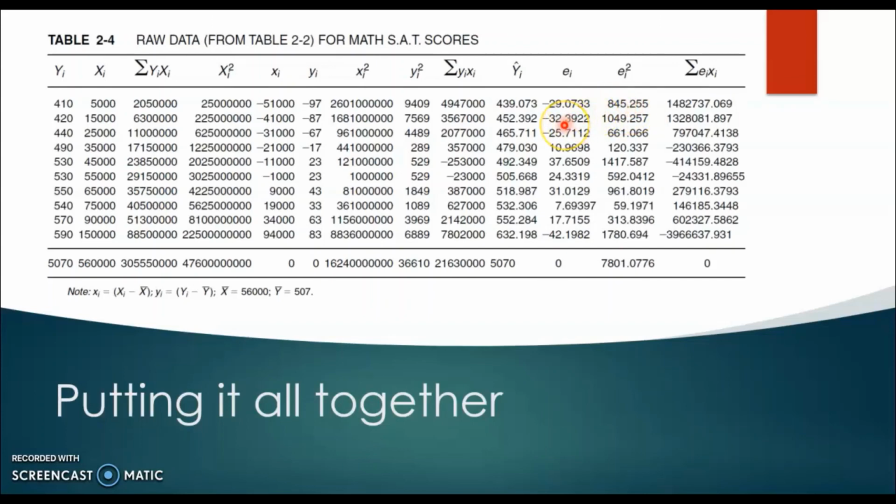We repeat the same process for the second observation. Here we have negative 32.3922 squared equals 1049.257. And we repeat the same process again until the last observation. Here we have the squared residual equals 1780.694. So the sum of squared residual equals 7801.0776.